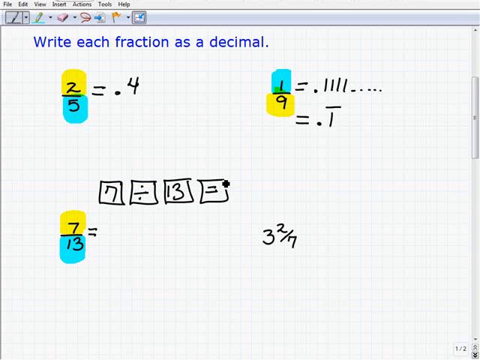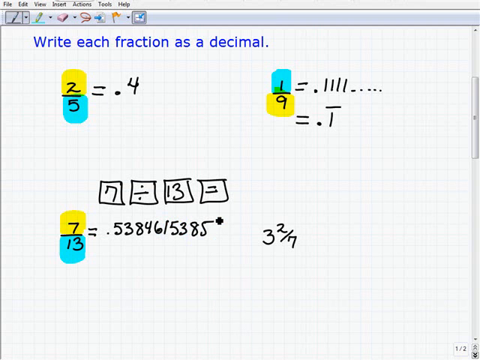7 divided by 13 is equal to, now this is a pretty long decimal, so I'm going to only write the first few digits. This is 0.538461. Well, actually, I'll write out everything I see on my calculator, 5385. Now, believe it or not, you may think that this particular decimal just keeps going and going.